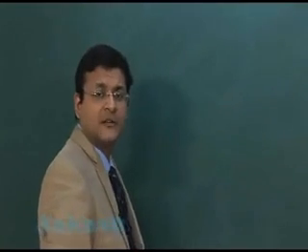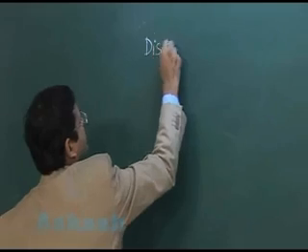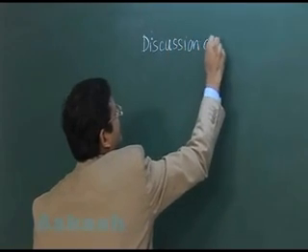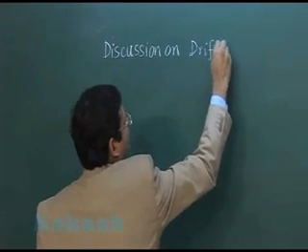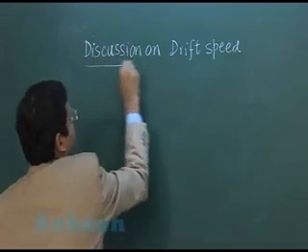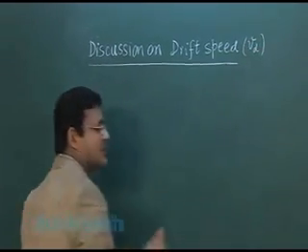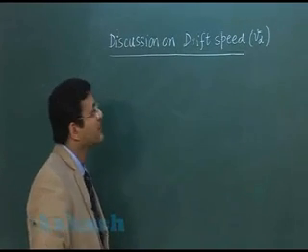Now at the end, let us discuss dependence of drift speed on certain factors. Let us now have a discussion on drift speed at the end. This discussion is related to the conceptual questions which are asked.